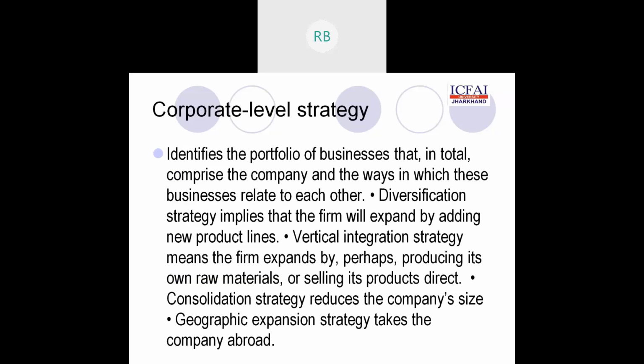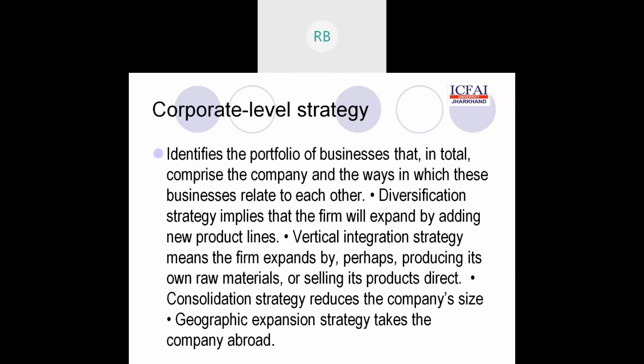Now you see, the corporate level strategy identifies the portfolio business that in total comprise the company and the way in which these businesses relate to each other. Here we see diversification strategy implies that the firm will expand by adding new product line.